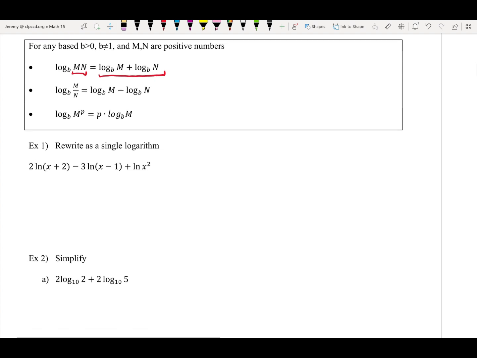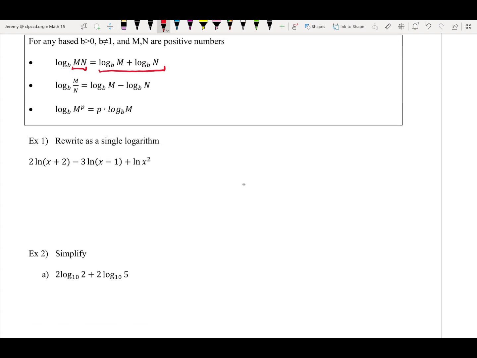And the last one, if we have log base b of m to the p, so we have the input being raised to some power p, we can express this as a product p times log base b of m.